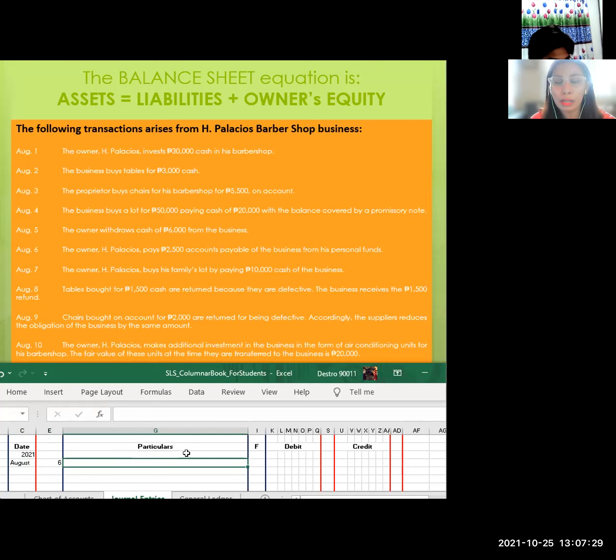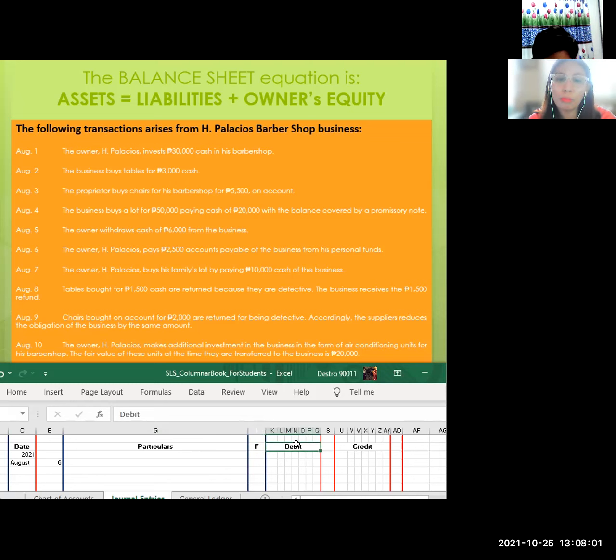So on the middle, on the particulars column, the accounting titles are located or placed. And then the F here stands for folio, which means these are the codings from the general journal, or the sorting ng official receipts, the bills, the vouchers, and so on.